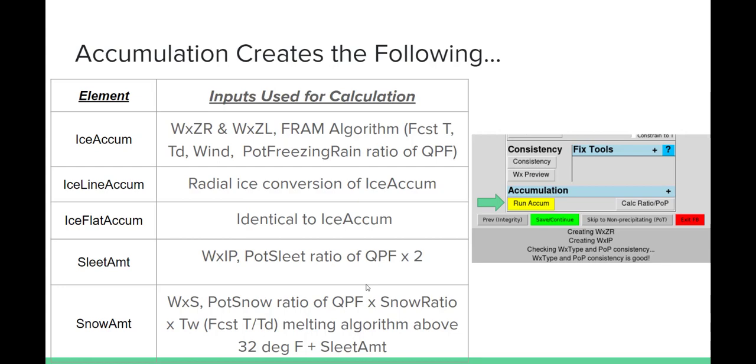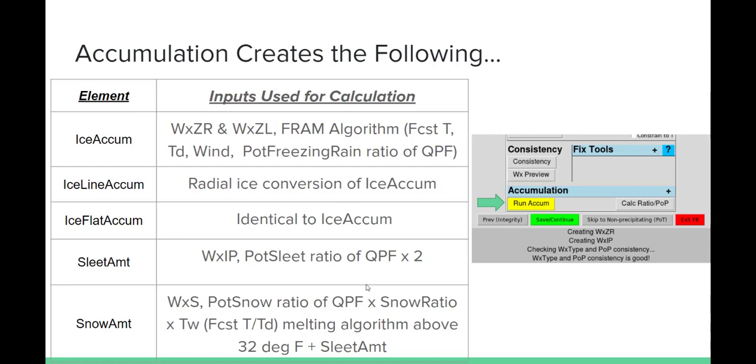As already discussed, the amount of QPF distributed to each accumulation type depends on the ratio of all the pop grids with each other. Hitting the Calc Ratio Pop button will display those informational grids for you if you desire. For ice accumulation, the FRAM algorithm is used, which uses forecast wet bulb temperature, wind, and a 1-hour QPF.